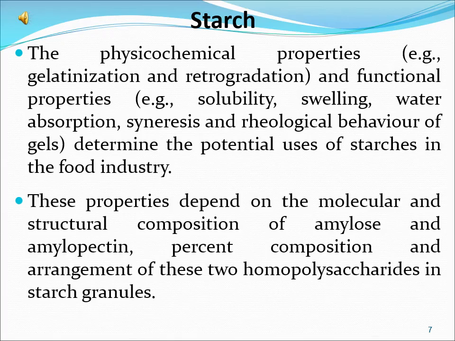The physiochemical properties of starch, including gelatinization and retrogradation, and functional properties of starch, for example, solubility, swelling, water absorption, syneresis, and rheological behavior of gels, determine the potential use of starch in the food industry. These properties depend on the molecular and structural composition of amylose and amylopectin, percent composition and arrangement of these two homopolysaccharides in starch granules.